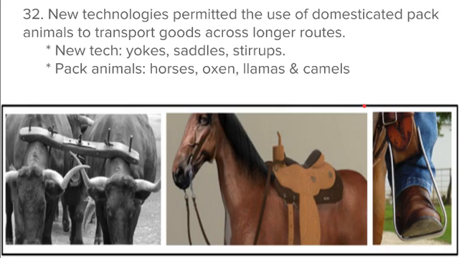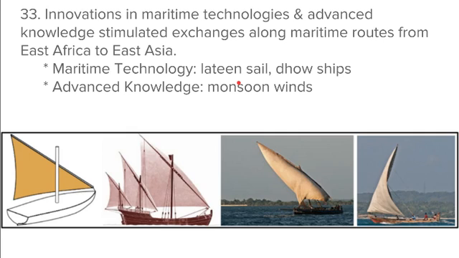The people throughout Arabia and North Africa and Central Asia are going to be dependent on the camel because of the dry conditions that they would have to live in. The Americas would have the llama, but remember, the llama compared to a horse or a camel is a relatively small and weaker animal, so it will never be able to carry or pull as much weight as the larger pack animals.